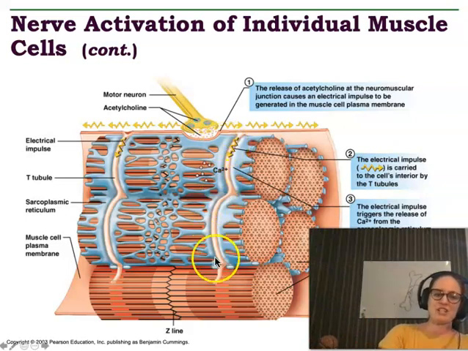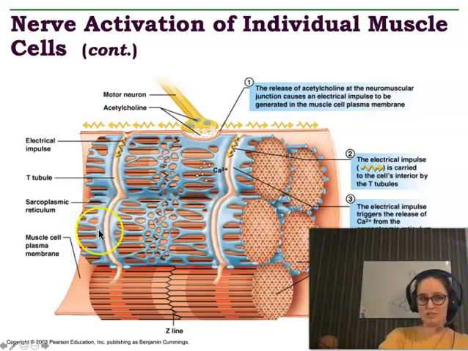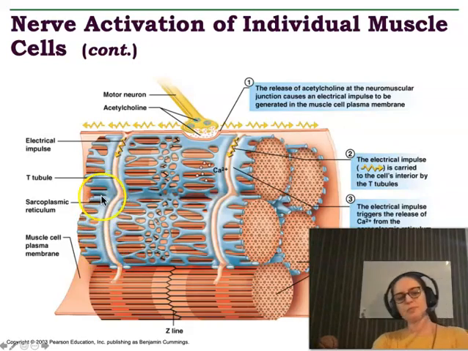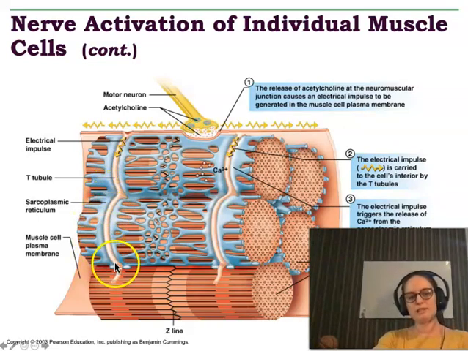We will find adjacent to those T-tubules the ends of the sarcoplasmic reticulum. And it looks like we're just sticking with the phrase sarcoplasmic reticulum. There is a specialized name just for this end here. It's called the terminal cisternae. But it looks like we're not dealing with that just now. So we have the sarcoplasmic reticulum butted up to this T-tubule right here.